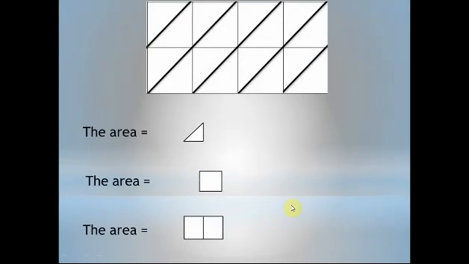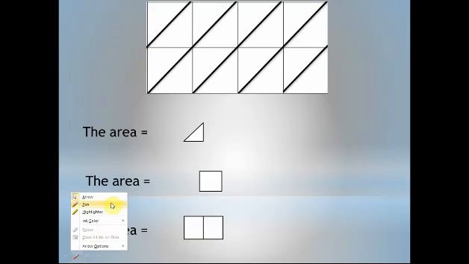Okay, look at this one and concentrate very well, because for the same figure we're asking you 3 questions but with different units, to make sure that when we get the area we look at the unit because it will be different. At the first one we give you small triangles, so like the last times, we're counting according to the unit.